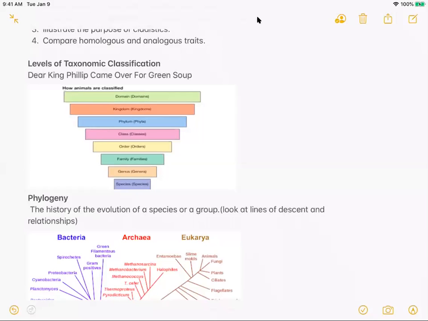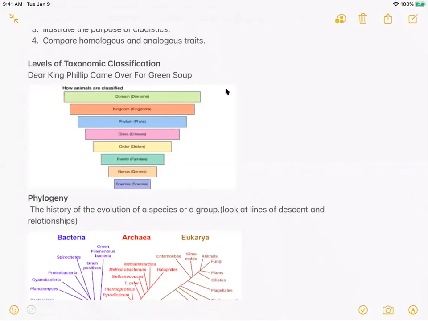All of these can be used to identify and classify an animal. The way to remember these levels is with the saying, "Dear King Philip came over for green soup." So domain, kingdom, phylum, class, order, family, genus, species. You can use this to remember the order of taxonomic classification of animals or plants or any other organism.